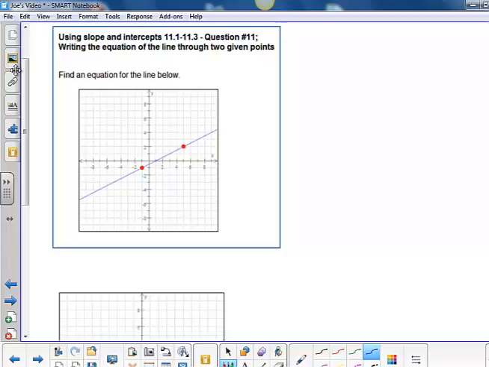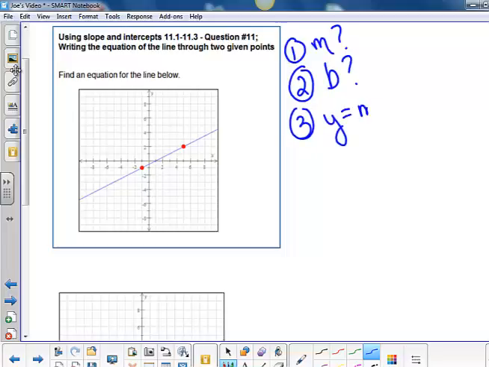It's going to be a fraction. So we did this in 3 steps in class. The first thing that we need to do is find the slope. The second thing that we're going to do is solve for the y-intercept. And then we're going to write the equation in y equals mx plus b. Okay?